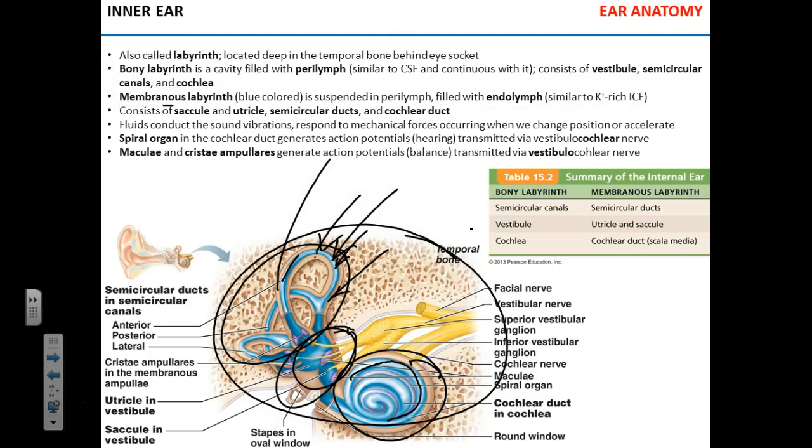So, again, you have three parts, and I'm going to show it to you on the model now. In terms of the bony labyrinth, you have cochlea, the spiral-shaped part. You have semicircular canals, and you have vestibule between the semicircular canals and the cochlea. Does that make sense? That's the bony labyrinth parts. This pink color, can you see the pink color?